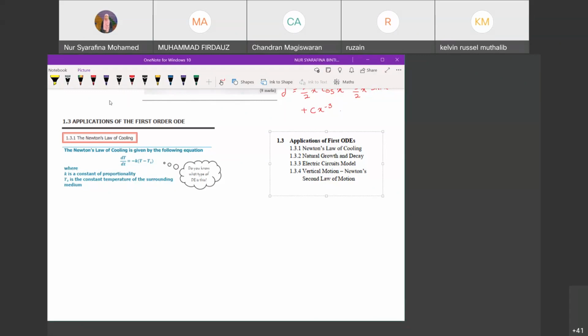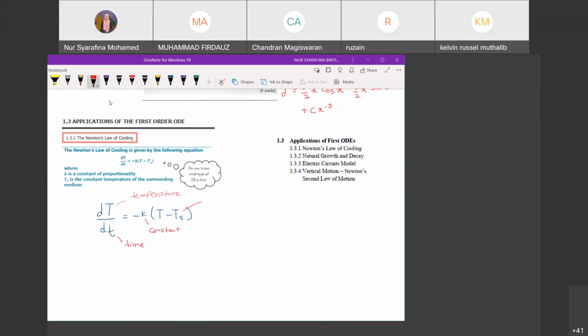We have the big T, the temperature. We have t, the time. So this is temperature. This is time. This is constant.